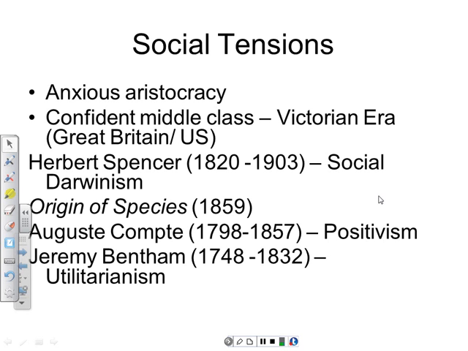One reason why the aristocracy was so uncertain is because they were anxious. Now the aristocrats weren't starving to death by any means. They were doing fine. They still had their landed estates, and they still owned lots of land, and they still lived in palaces, but they were having a hard time keeping up the lifestyle because they weren't making as much money as the middle class was making.